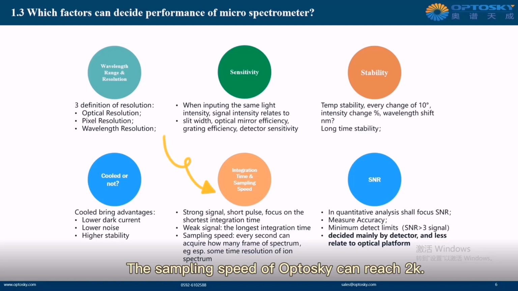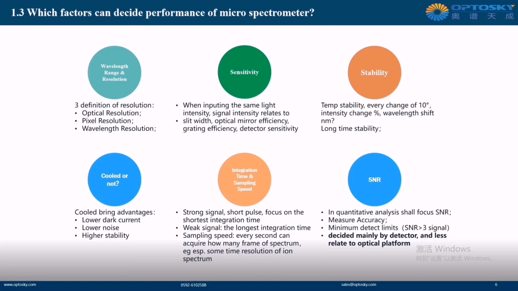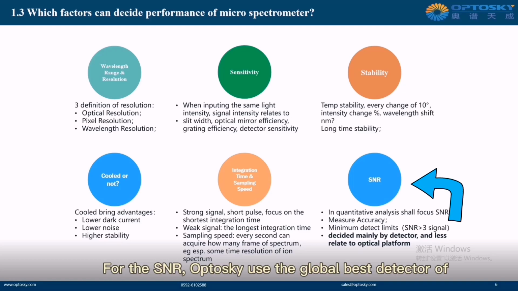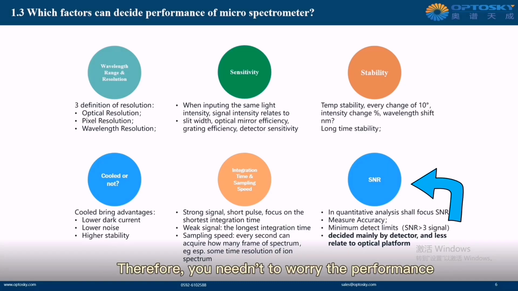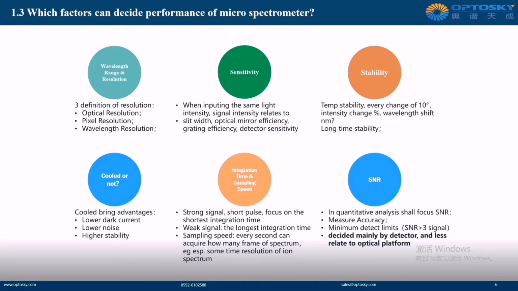The sampling speed of Optosky can reach 2000. For the SNR, Optosky uses the global-based detector of Hamamatsu of Japan. Therefore, you needn't worry about the performance.